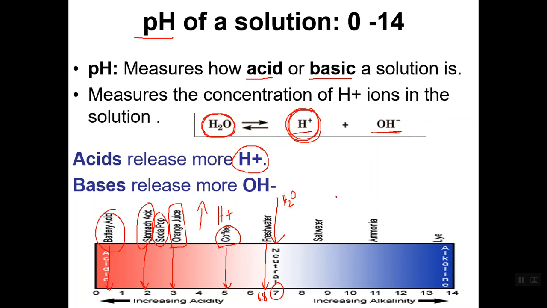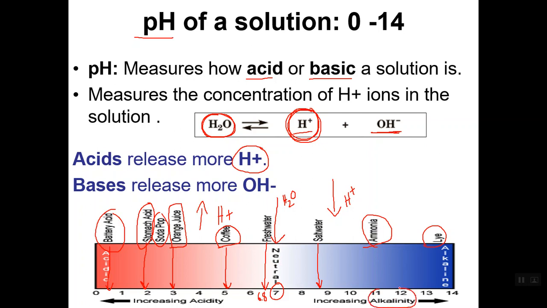Right? Things that have fewer hydrogen ions are usually cleaning solutions in your everyday experience. So ammonia, lye is used for soap. Salt water is actually a little bit basic. But that's just kind of an overview of the pH scale.